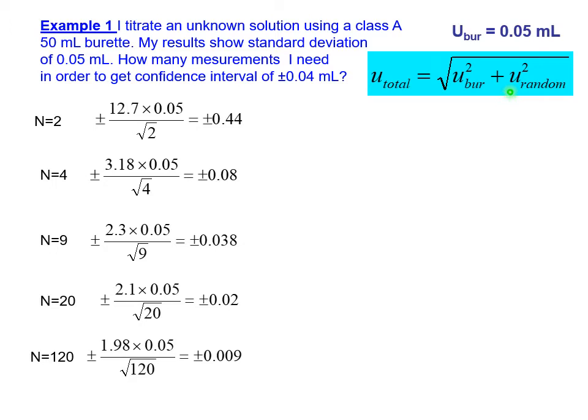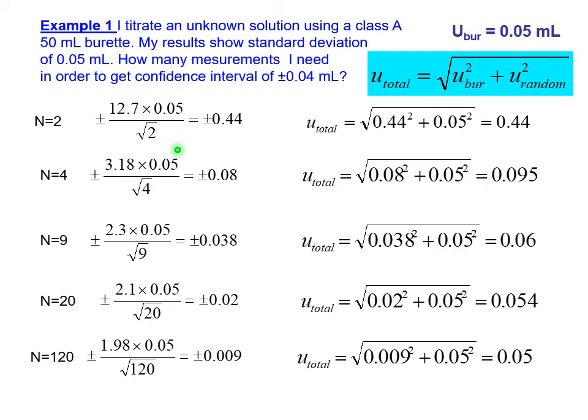If I take this into account, I'll have different numbers. For the first number, the difference is invisible. Statistical error dominates the picture.